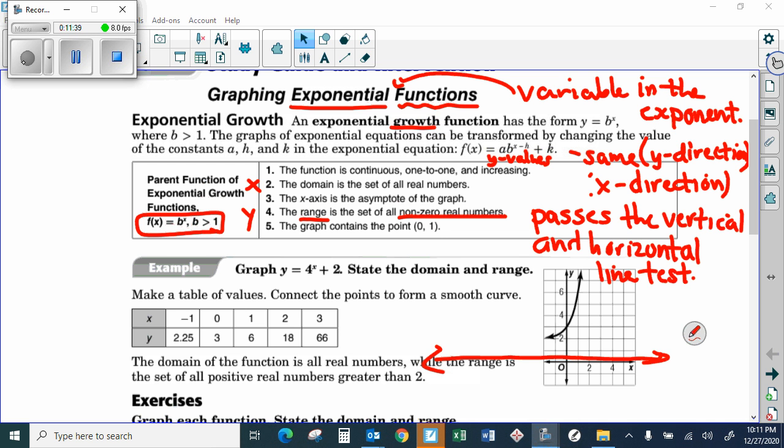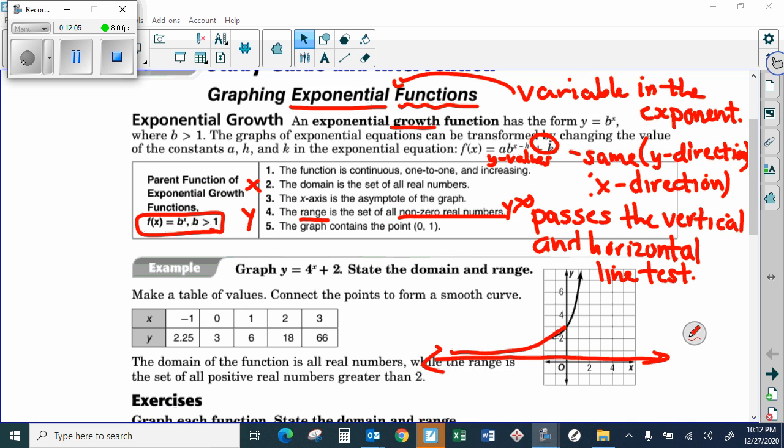Okay, so it doesn't include zero. Remember, zero is not positive. You've got to remember, zero is a neutral number. So it's all values greater than 0. So you'd say y greater than 0, not equal to 0, greater than 0. Okay, it says non-zero real numbers. That would include negative numbers. It's not true. You're not going to have negative numbers unless there's a shift down, which takes place, remember, from the k. That would shift it down.